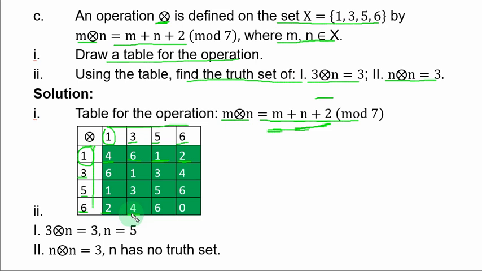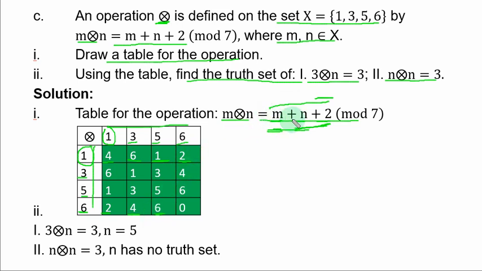You take 6 against 5. When m is 6, n is 5. So you come here. 6 plus 5 is 11. 11 plus 2 is 13. Divide by 7, you have 1 remainder 6. So you record remainder 6. You take 6 against 6.